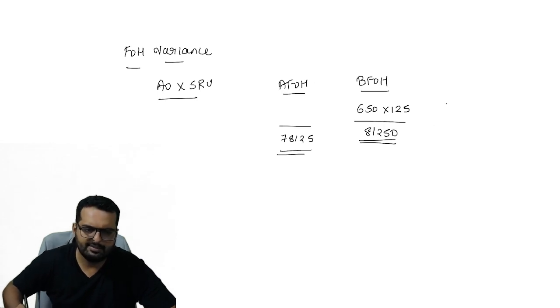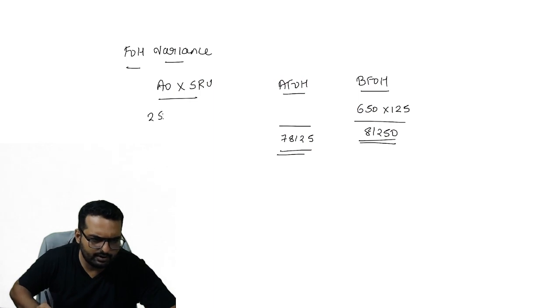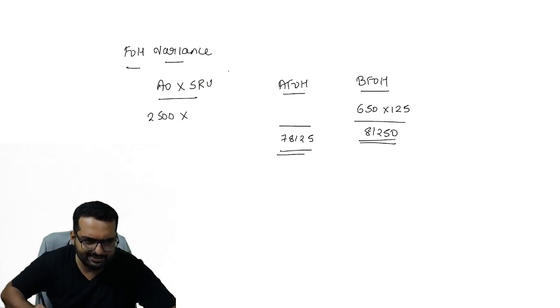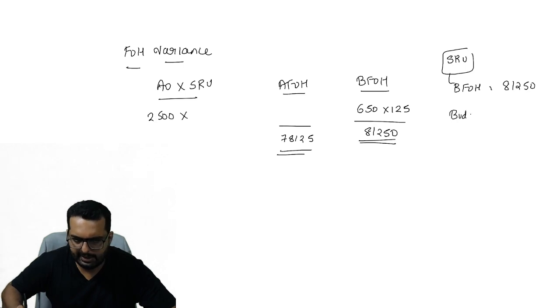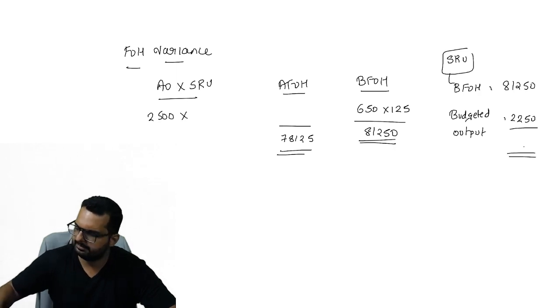All right. Friends, now to get the AO, actual output I think we know is 2,500. We need to find out SRU. The formula is going to be budgeted fixed overhead, that is 81,250, divided by budgeted output. What is the budgeted output that we had? Was it 2,250?